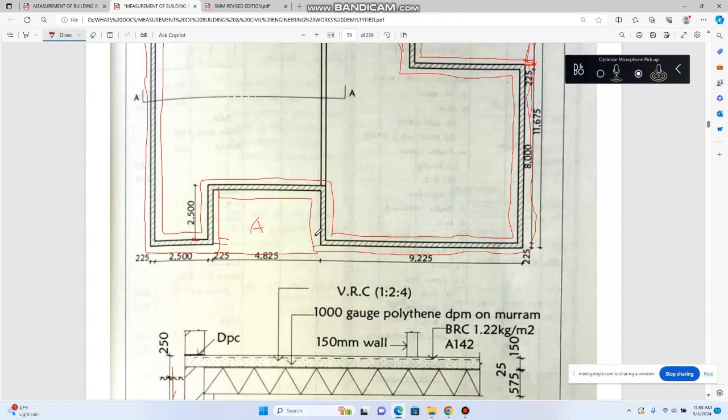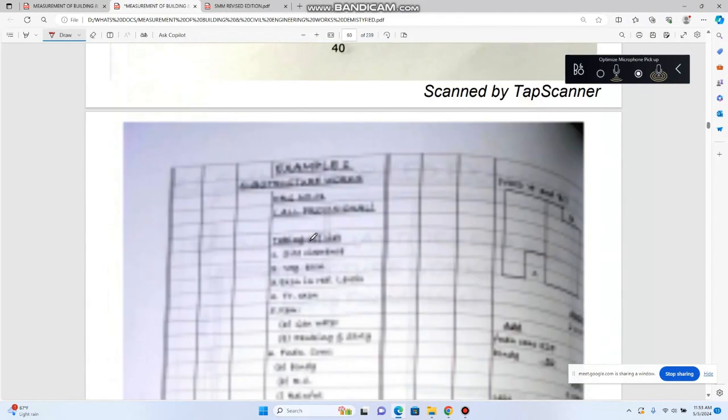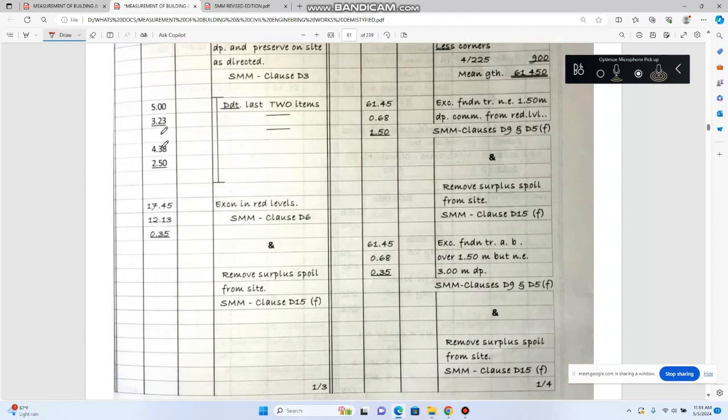It was 4375. Yes, that is what they have rounded off to 2 decimal places. So if you come to this column, you round it in meters to 2 decimal places.